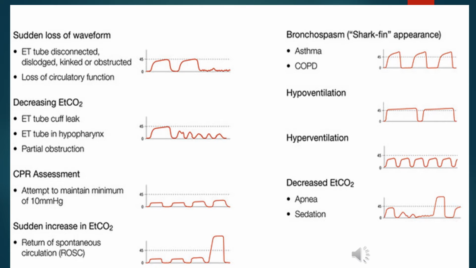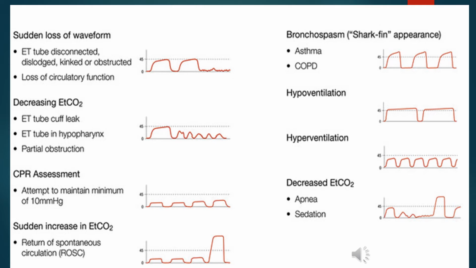CPR assessment. You can measure CPR effectiveness because you're attempting to maintain a minimum of 10 millimeters of mercury. So what we're doing is kind of looking at the scale. Typically, if we're doing CPR, we look at the monitor and see if we can get that rise in the QRS complex, so to speak, to know that we're doing CPR correctly.